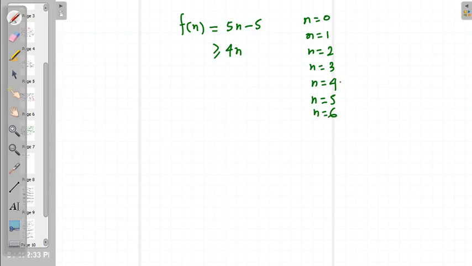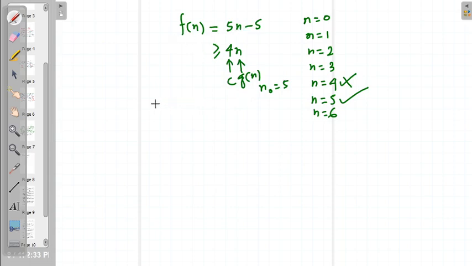So I guess n equals 4 was 15 and 16, not satisfying. From this onwards, it is getting satisfied. So our n naught will be equal to 5 here, right? And this is our C and this is our g(n), right?